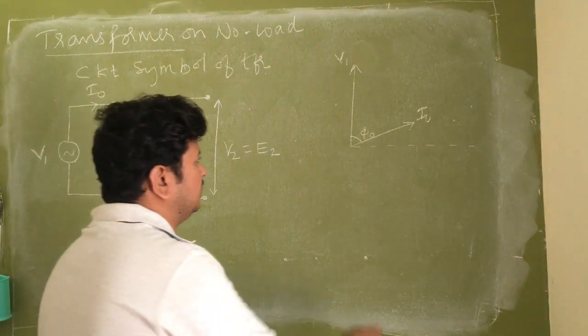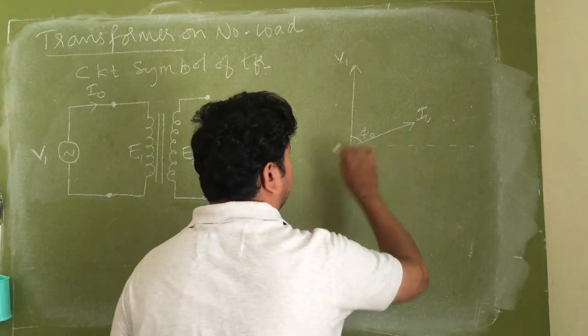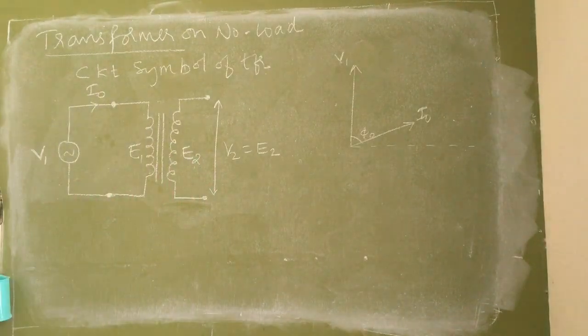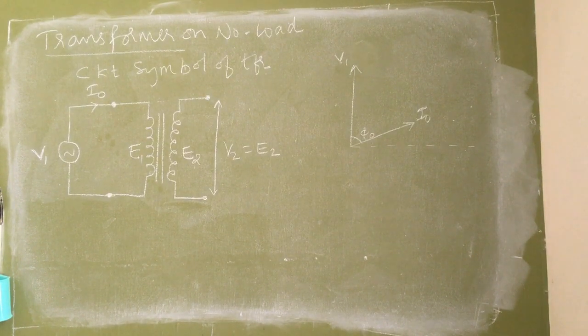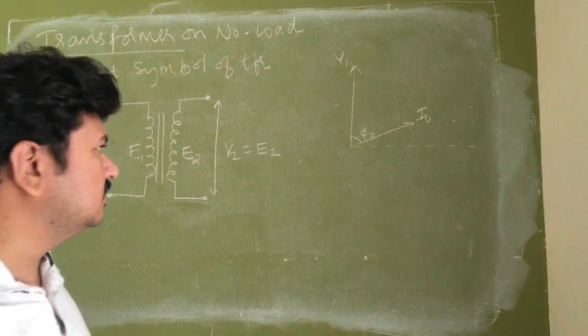Now I can represent this I0 vector into two components. I will be taking the current vector I0 and resolving it into two components.